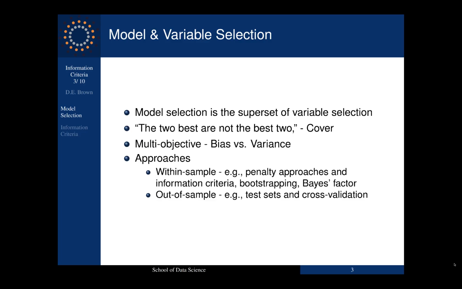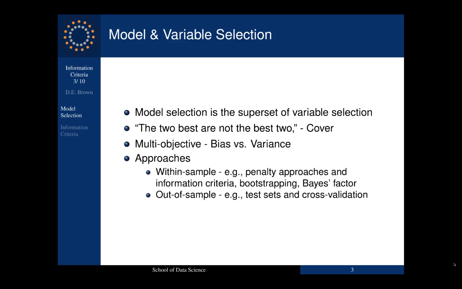And then there are out-of-sample approaches. These are commonly used. As a data scientist, the most common tool is cross-validation, and to a slightly lesser extent, test sets. These are considered the gold standard for doing evaluation. The problem is that for really large data sets, we can't use cross-validation. It's just not practical to use. And test sets are viewed as one-of-a-kind sampling.